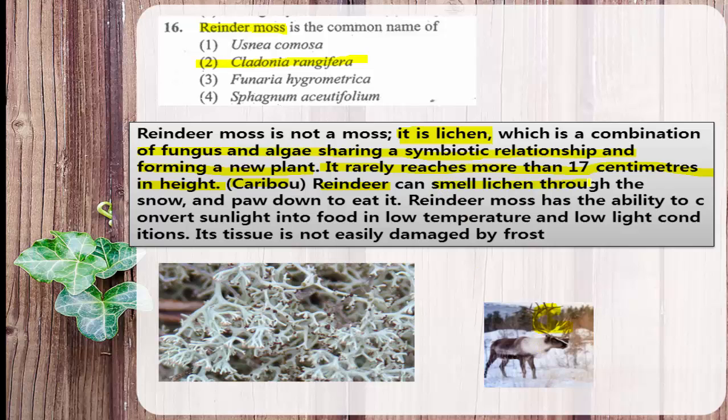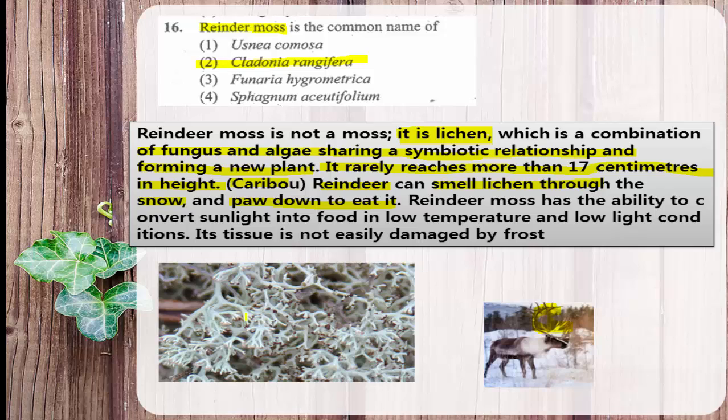It can smell the lichen through the snow. Even if it is grown below the snow, it can smell the lichen, that is Cladonia rangifera, and paw down to eat it. It recognizes this particular lichen by its smell and it feeds on that lichen.